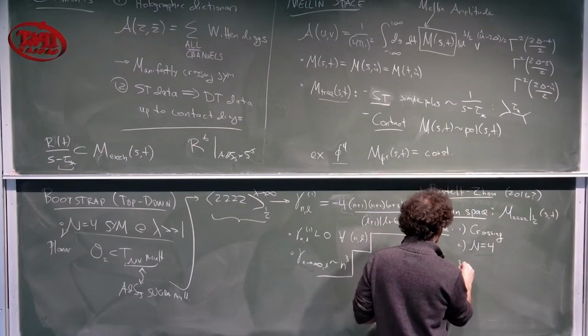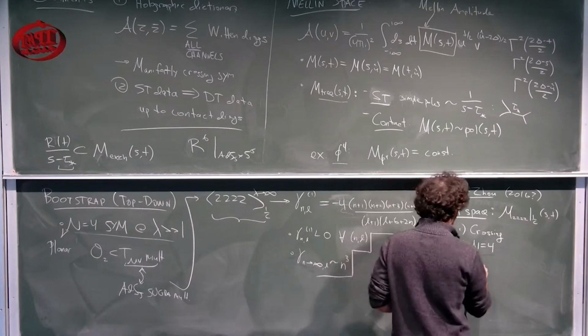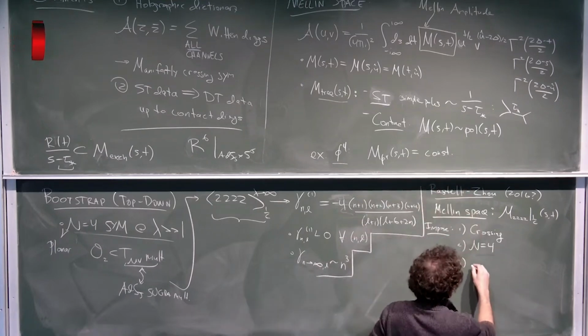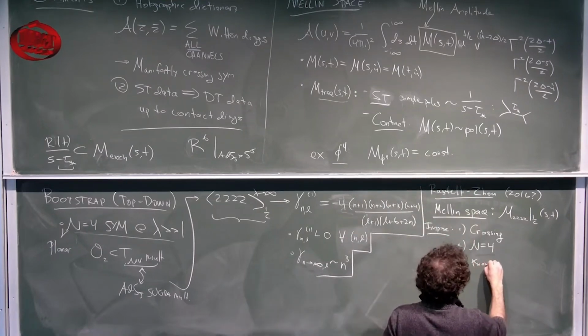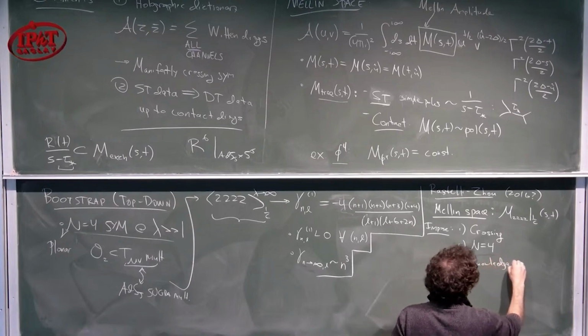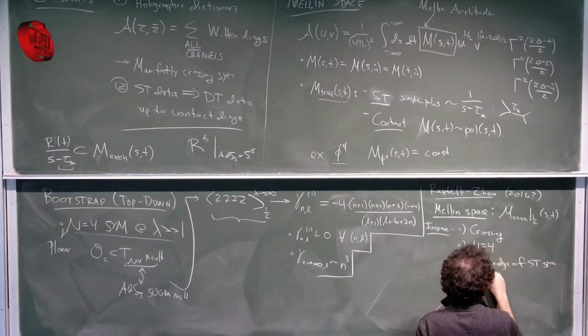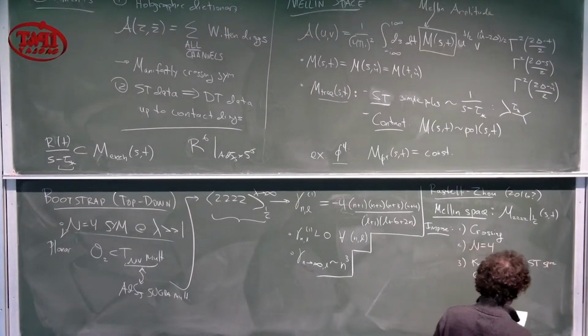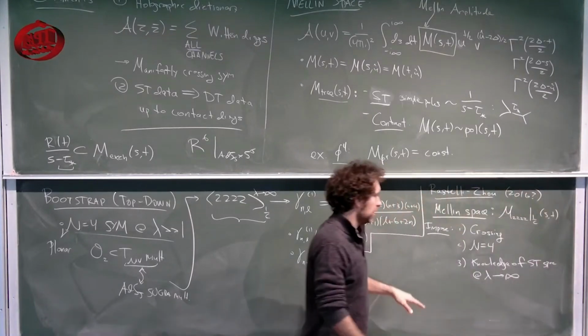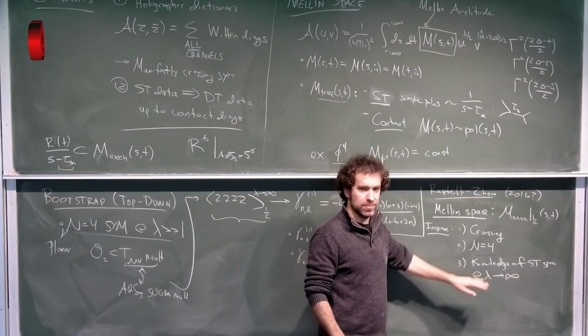So far this is just symmetries. Now comes some dynamical information. So they say, we know that at strong coupling in this theory, the single trace spectrum becomes extremely simple.